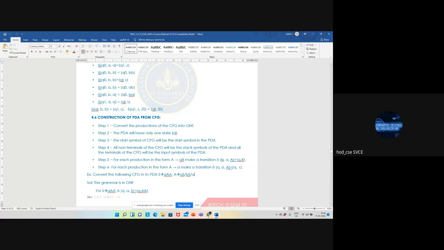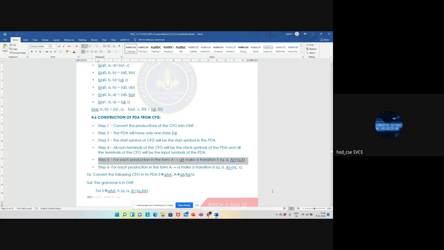So these are the two major steps. We have productions in the form of A tends to aX, or productions in the form of A tends to a. If it is in the form of A tends to aX, we convert it into the transition delta of q comma small a comma capital A is equal to q comma X. If the production is in the form of A tends to a, then we make a transition of delta of q comma a comma A equal to q comma epsilon.